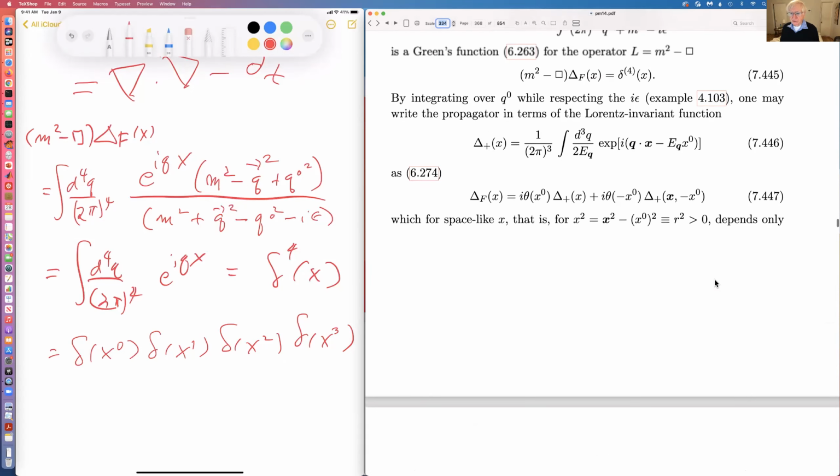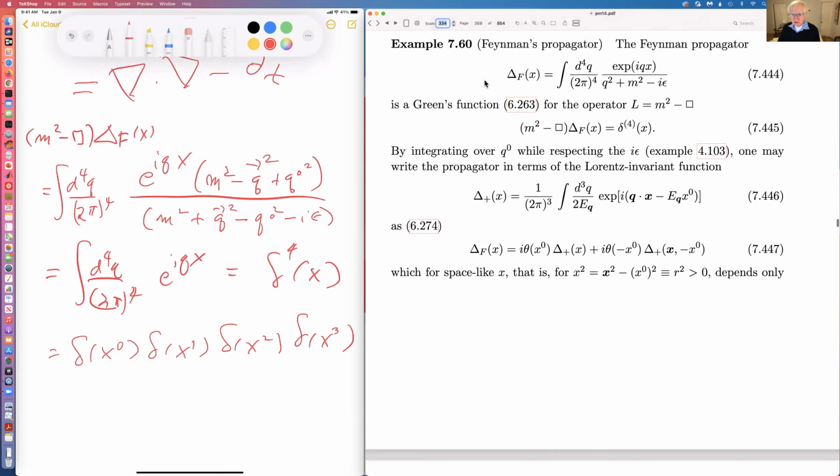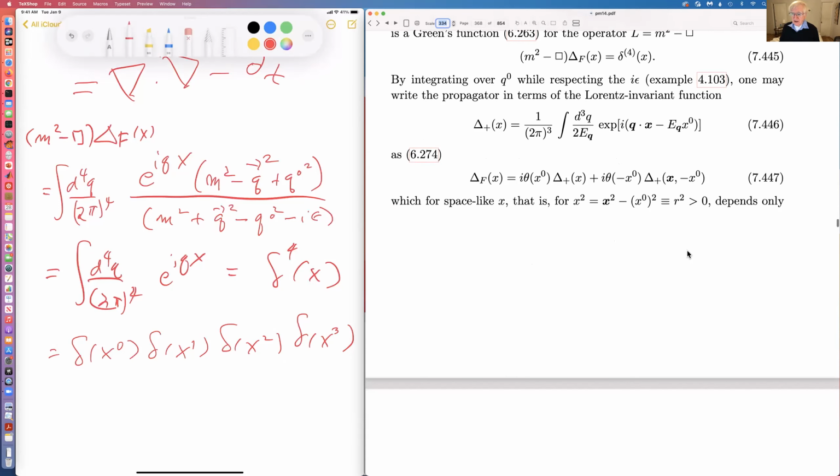And as I think we saw, or at least if you read chapter 6 in its entirety, you learned that you could write delta F as delta plus of (x, t) times a step function of the time, plus delta plus of (x, minus t) times a step function of minus the time.